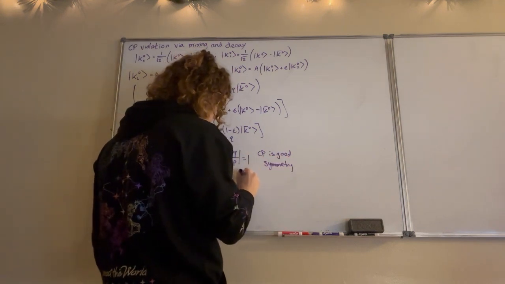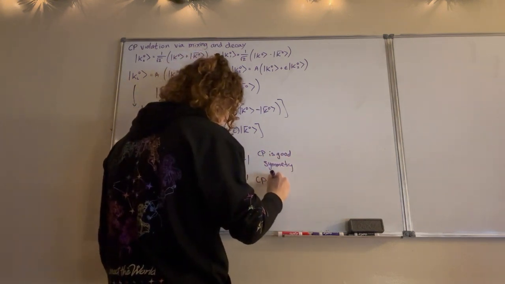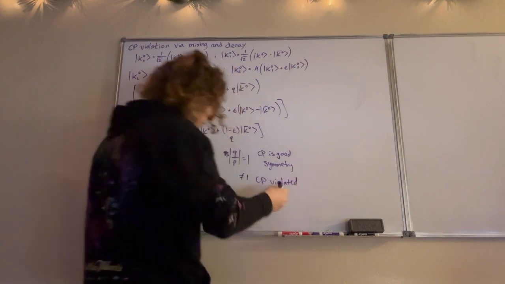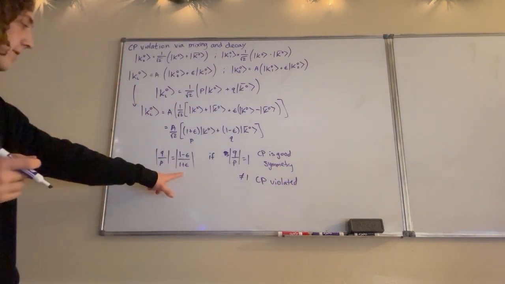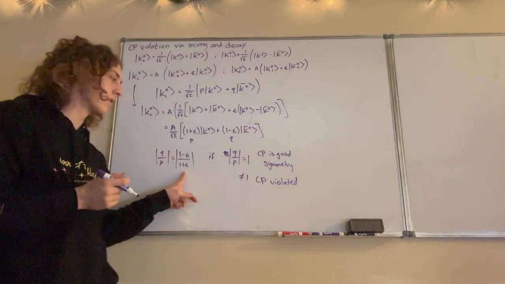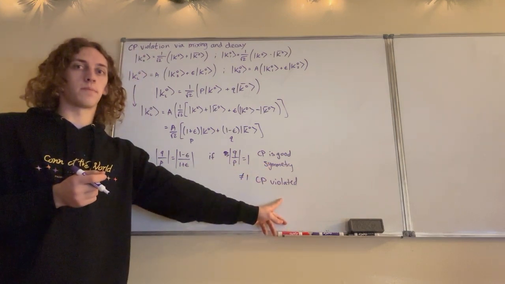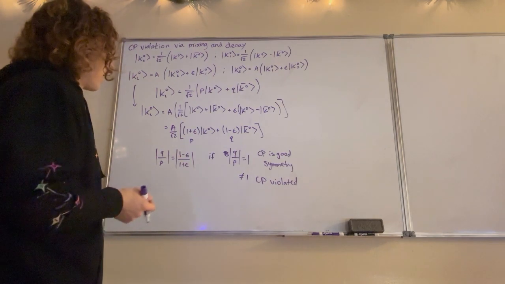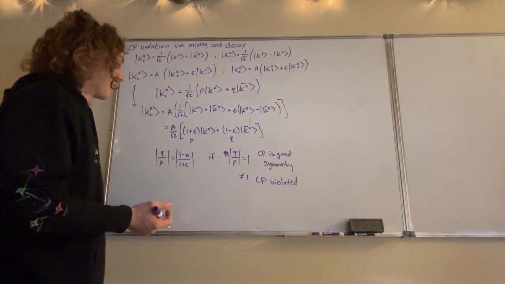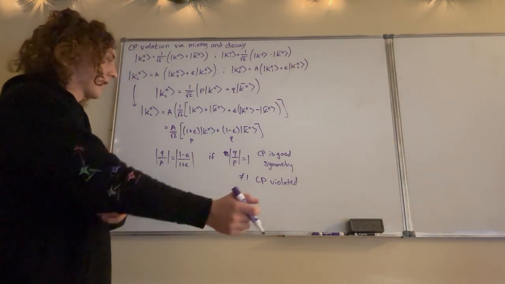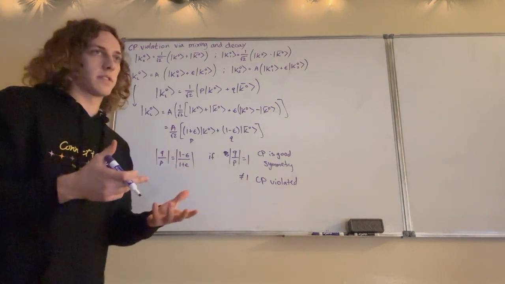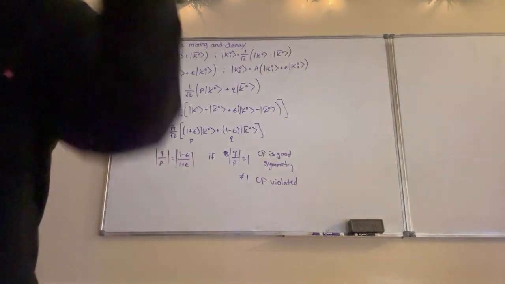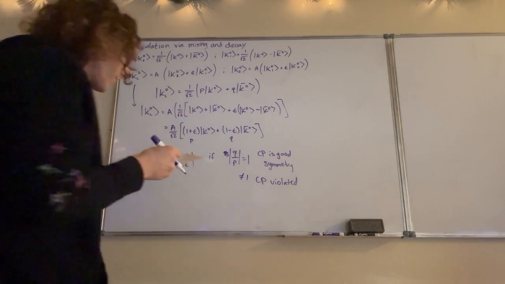If it's not equal to 1, we get CP violation, right? And we can see if this epsilon is non-zero, we get CP violation. Yeah, so we do have a measurement. Basically, we can find that this mixing is true, and we do have a measured value for this epsilon, right?